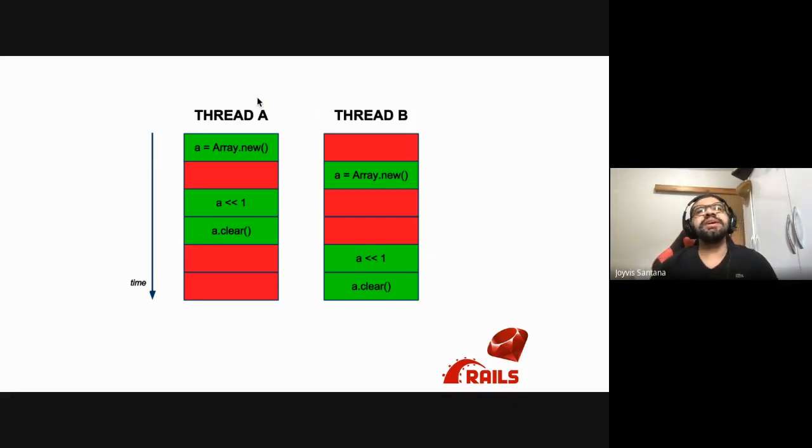Here we have an example of how Ruby on Rails works. We have two threads, and when thread A is running, creating an array or doing anything, the second thread is blocked, because you can't run two codes at the same time.